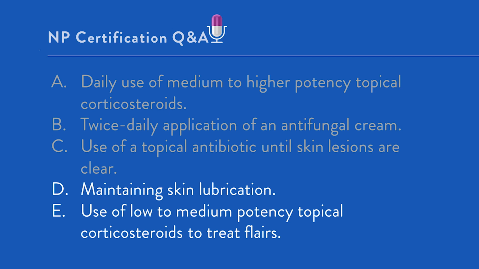because what you're trying to do is help the patient avoid the flares. And option E, the use of low to medium potency topical corticosteroids to treat flares. This is our other correct answer. Owing to the atopic etiology of the disease, the use of low to medium potency topical corticosteroids limited to flares is one of the first line therapies, and it's typically very helpful in milder disease.